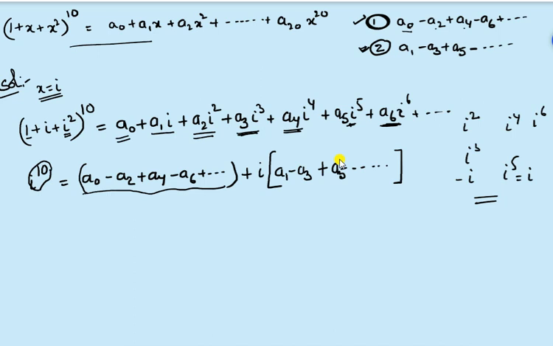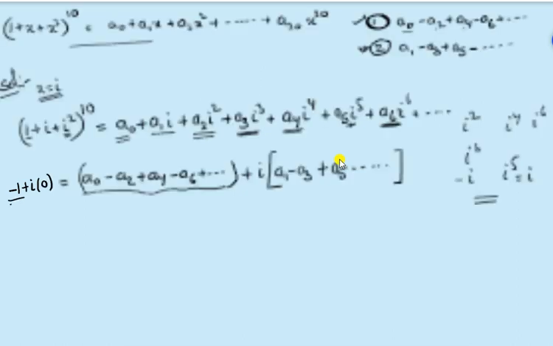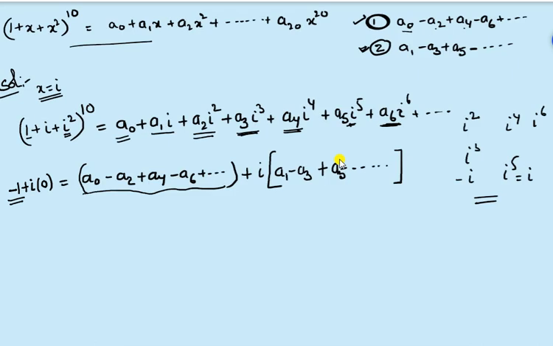But now what is i power 10 value? I power 10 is equal to i square. I square is nothing but minus 1 plus i into 0, we can write. Left hand side the real part is minus 1.